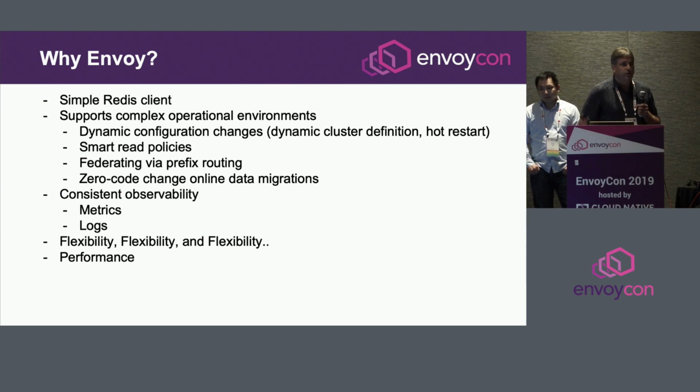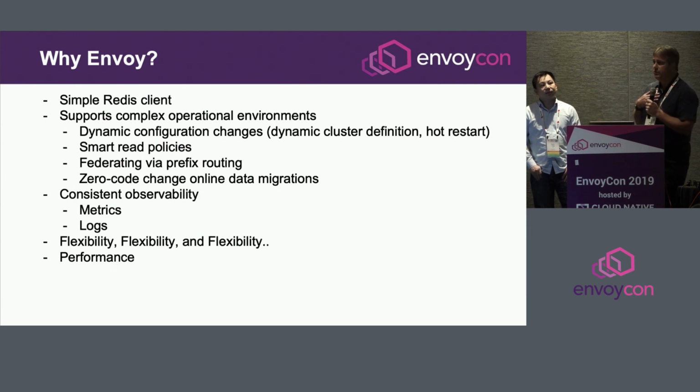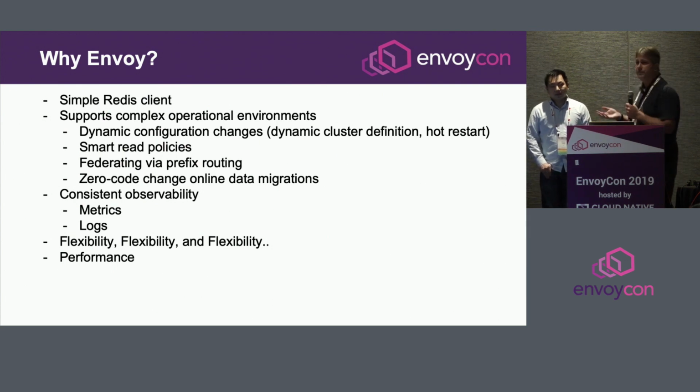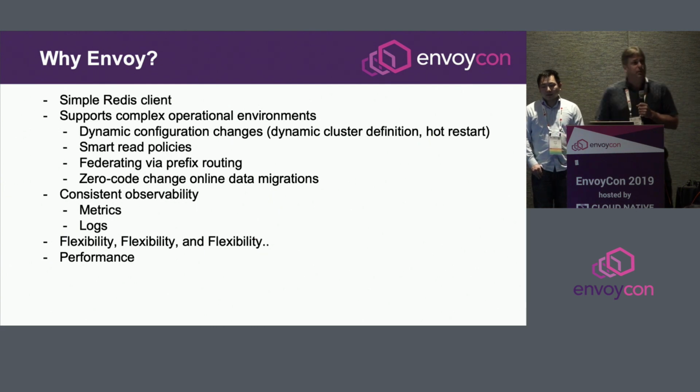Of course, as you've heard from all the talks earlier today, we also get consistent observability, which also helps quite a bit in any sort of operational environment. And I'd also like to point out that what Envoy provides that we find at Workday very useful, and folks at Lyft feel very useful, is that it's flexible.